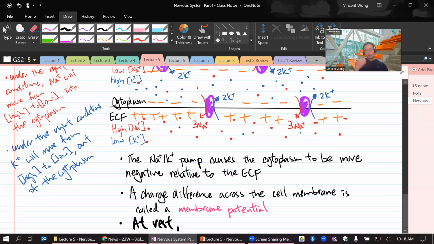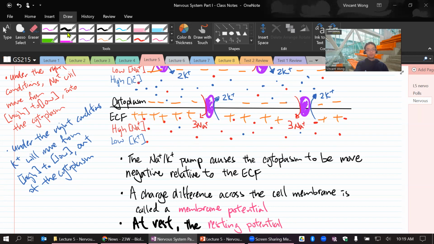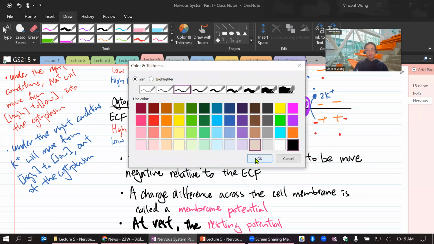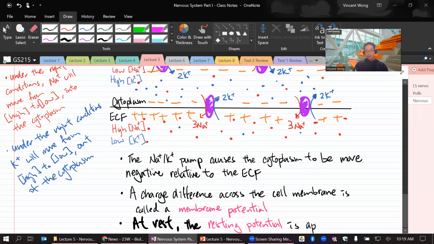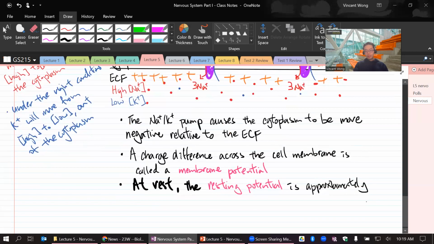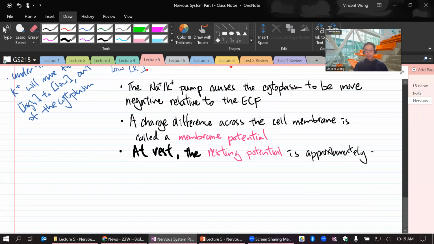So at rest, as in the neuron is not transmitting a signal, the resting membrane potential, or we call that the resting potential, is approximately minus 70 millivolts.